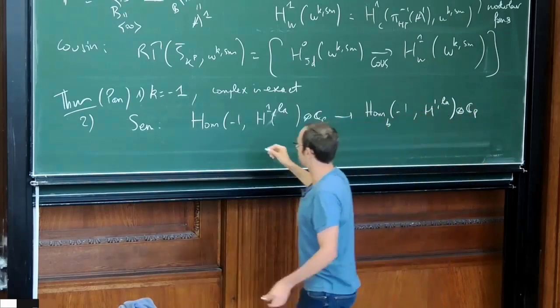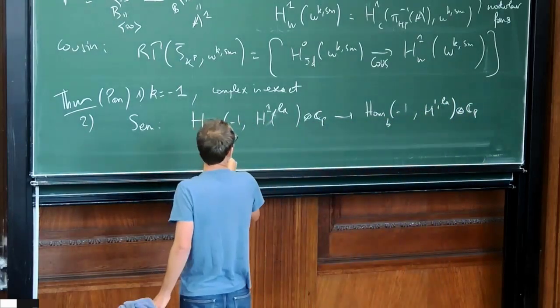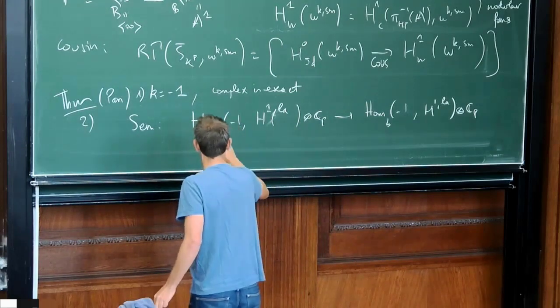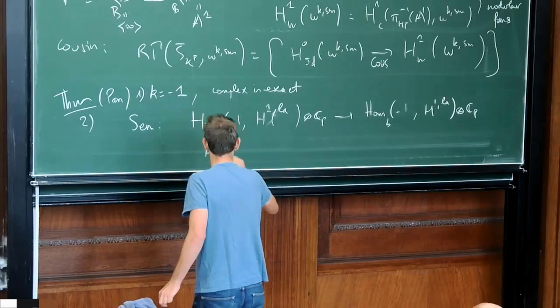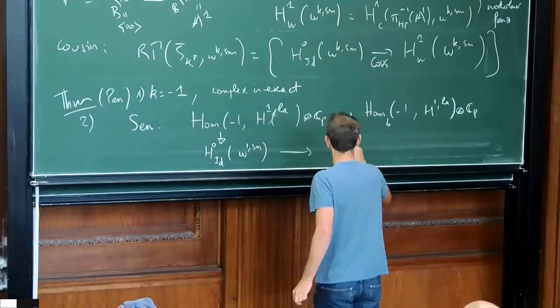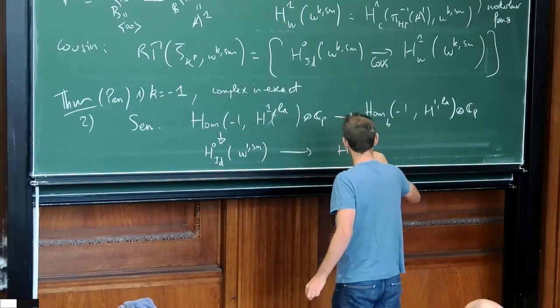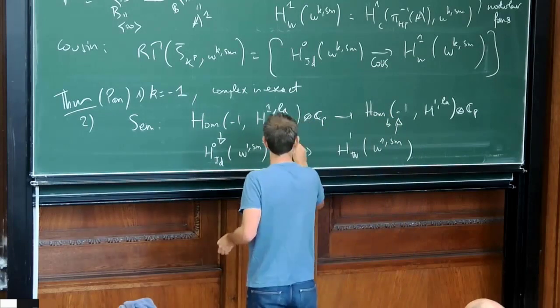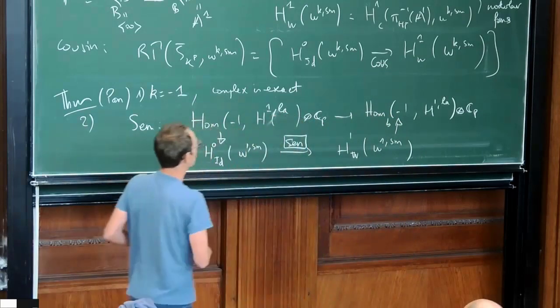The Sen operator actually factorizes as a map like this. So you have H naught of identity, omega 1 smooth, and then H1 omega 1 smooth. So you have a factorization like this.